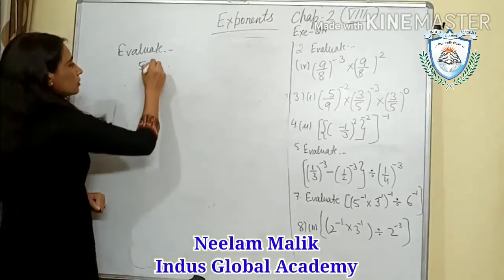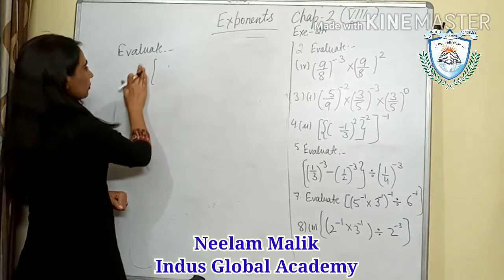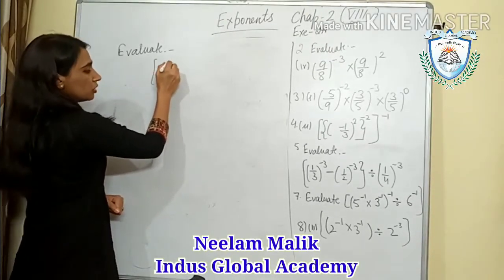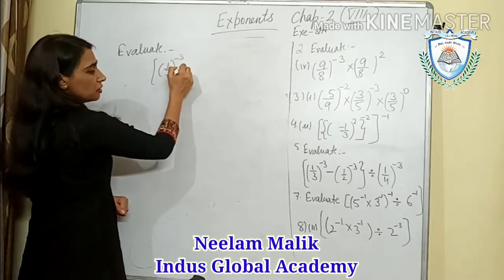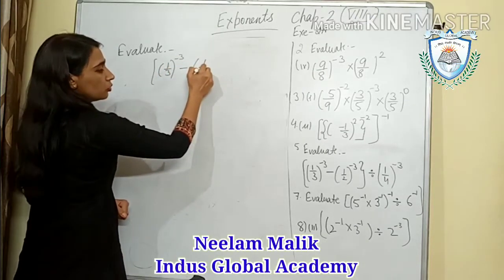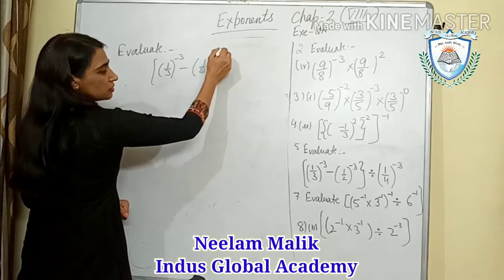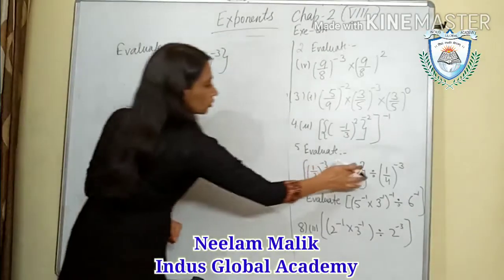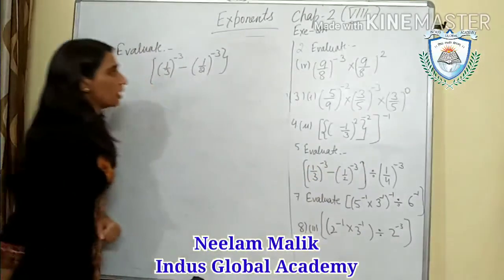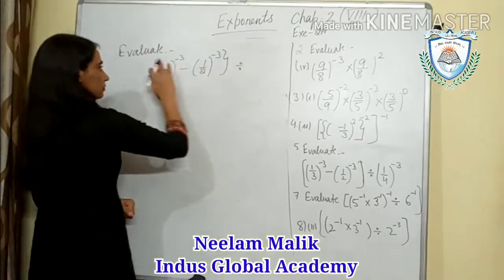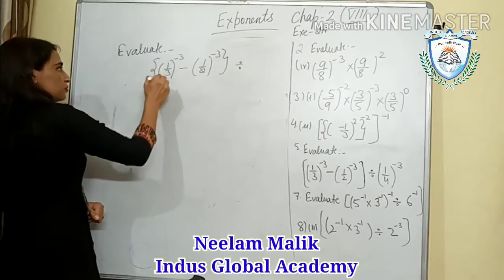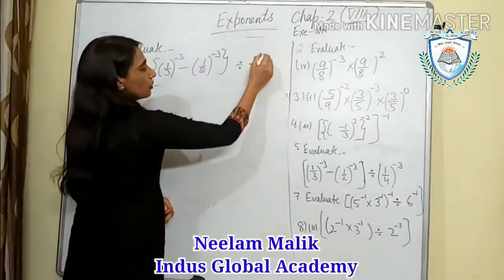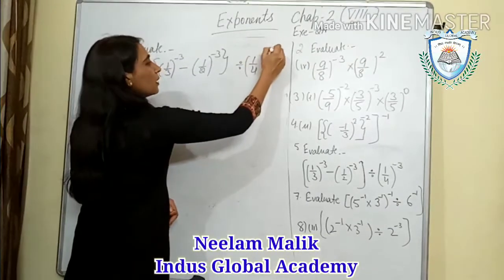So this is square bracket start, then small bracket 1 upon 3 the whole power minus 3, minus 1 upon 2 the whole power minus 3, bracket close. After that a division sign is given. Then 1 upon 4 and the power is minus 3.